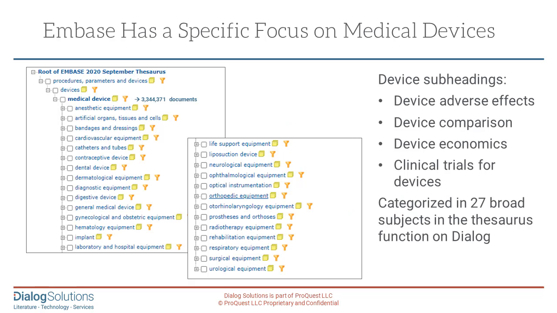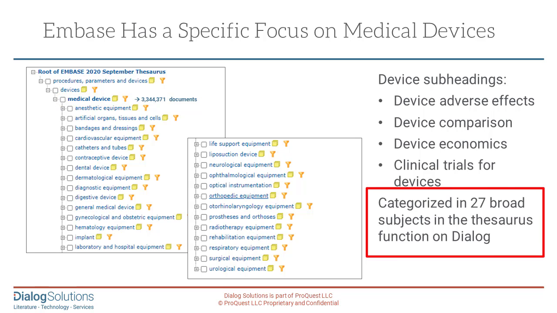Embase also has a special focus on medical devices in its hierarchical thesaurus. So you can see here that I have clicked on medical devices, and it really is very granular, and you can choose very specifically and find the medical device that you're interested in.